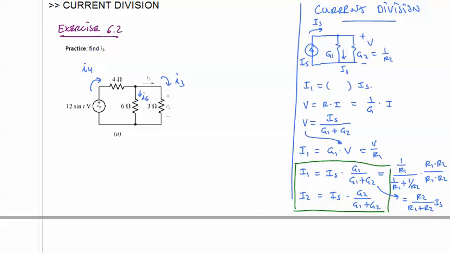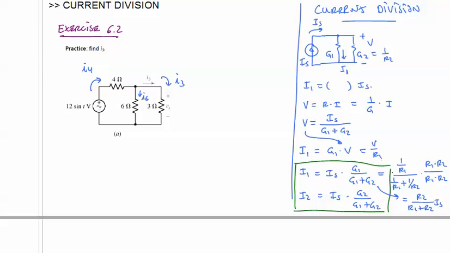This oftentimes confuses students, because if you use the resistance formula, then when you're doing current division, the current through R1 is actually R2 over the sum of the resistances times IS. But when you're doing voltage division, the voltage across R1 is the resistance R1 over the sum of the resistances times the driving voltage. And so students will get confused as to when do I use R1, when do I use R2.